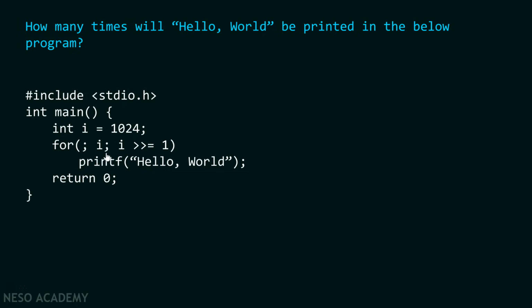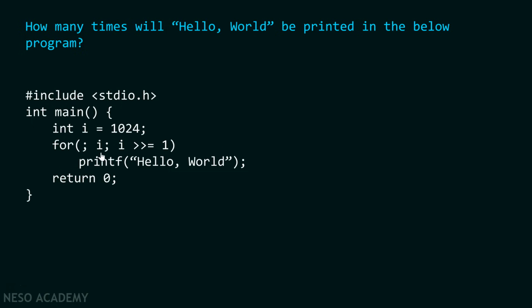This is what we need to understand. As we did initialization in the first step itself, there is no requirement of initializing this particular variable again, right? Therefore, we simply skip this step. Let's try to execute this code. After initialization, that is I equals 1024, we check this condition I. Now this I is replaced with 1024, right?